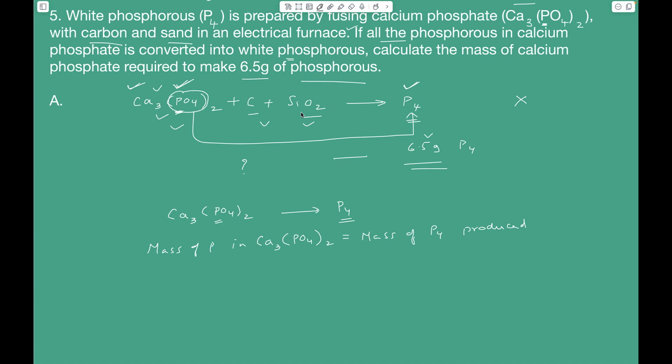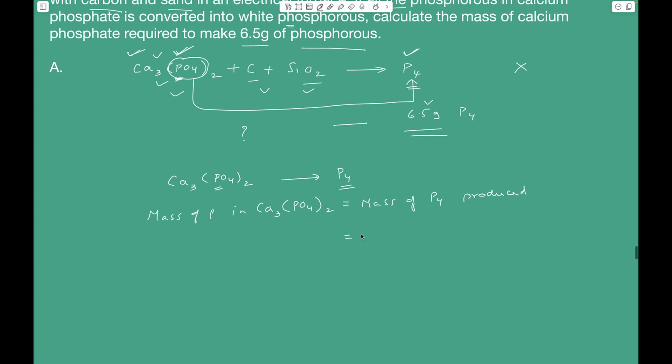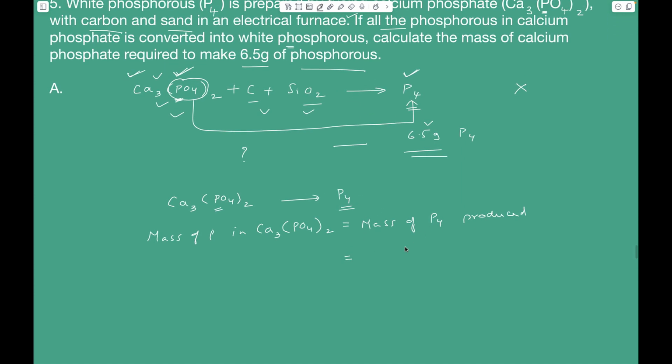So that obviously means, according to the law of conservation of mass, the mass of phosphorus present in calcium phosphate must be equal to the mass of white phosphorus produced. And what is the mass of white phosphorus we have to produce? 6.5 grams of white phosphorus.